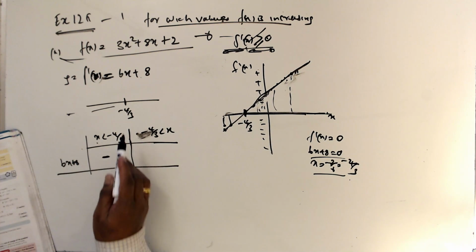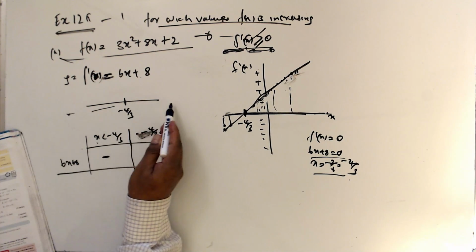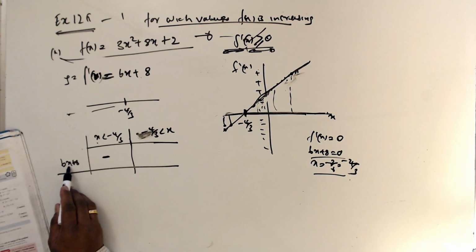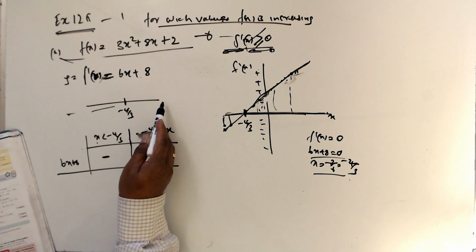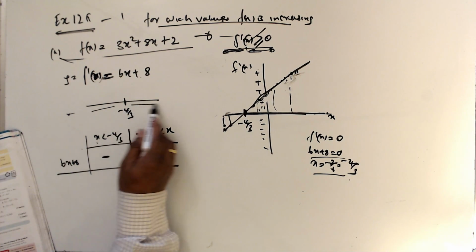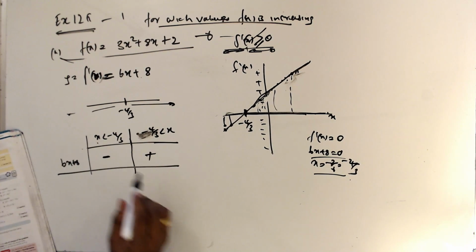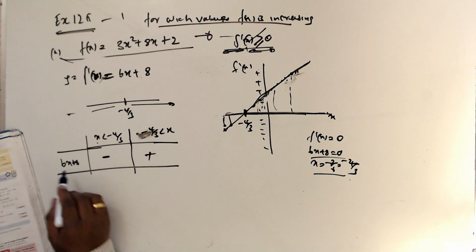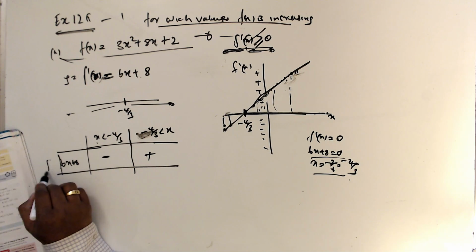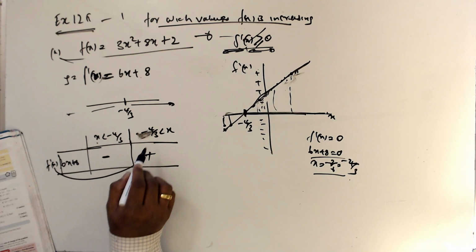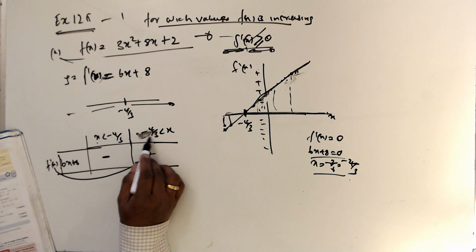If you put anything above minus 4 over 3, what will happen? If you put 0, it is also above. One value from this side is enough. This is going to be positive. So f'(x) is positive for x greater than minus 4 over 3.